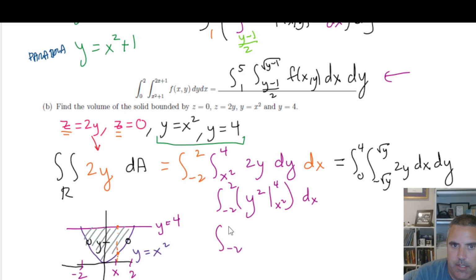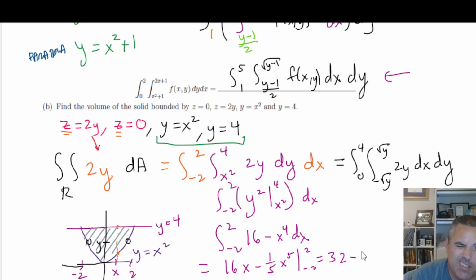So it's the integral from -2 to 2 of 16 minus x to the 4th, which is 16x minus 1/5 x to the 5th from -2 to 2, which was 32 minus, I think that's 32/5. Note when you plug in a negative, you're going to get the exact same thing, but with opposite signs.